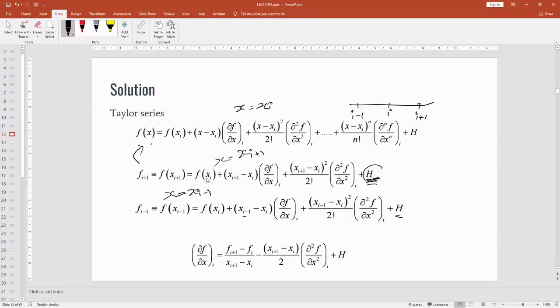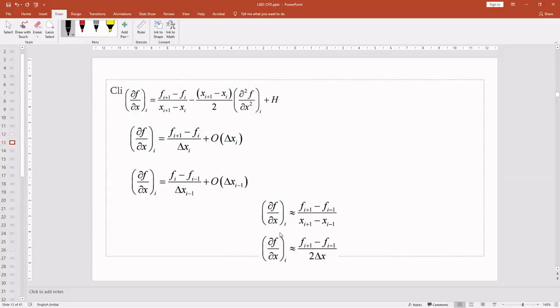From this equation, if I take the first order differential dou f by dou x out, then the equation becomes f of i plus 1 minus f of i by x i plus 1 minus xi, minus x i plus 1 minus xi by 2 times dou square f by dou x square, plus h.